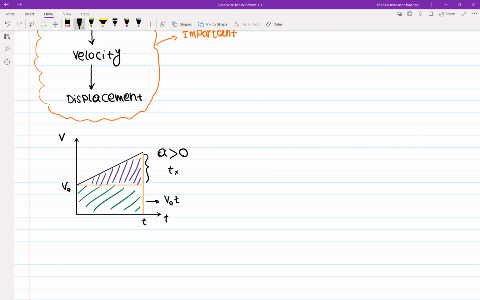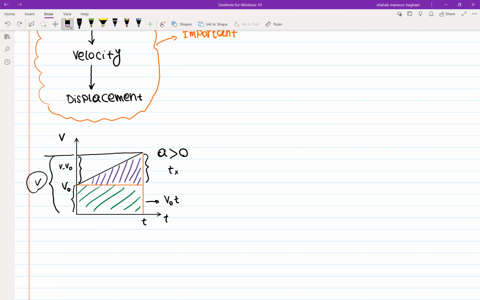From here to here, it is V. From here to here, it is V0. Therefore, this part is V minus V0, only this part. That's the difference between V and V0. That's the only difference for the small part on the top.